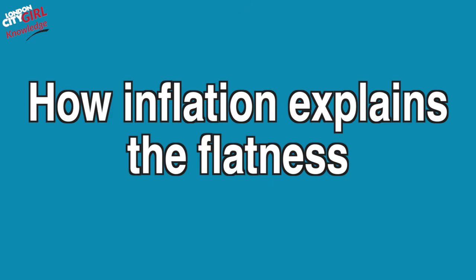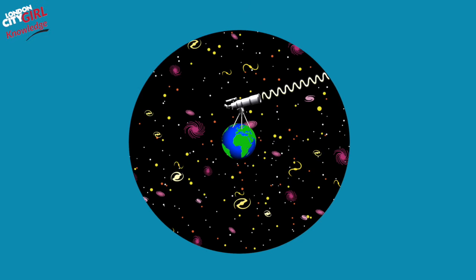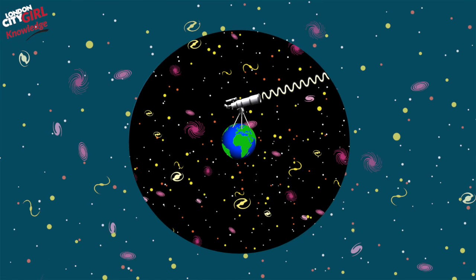How inflation explains the flatness. Before we get too excited and state definitively that our universe is flat, we have to remember that the exponential stretching of space brought on by inflation drives the universe toward flatness, smoothing out the fabric of the universe. We can only measure the observable universe, which may be part of a much larger universe which might not be flat.